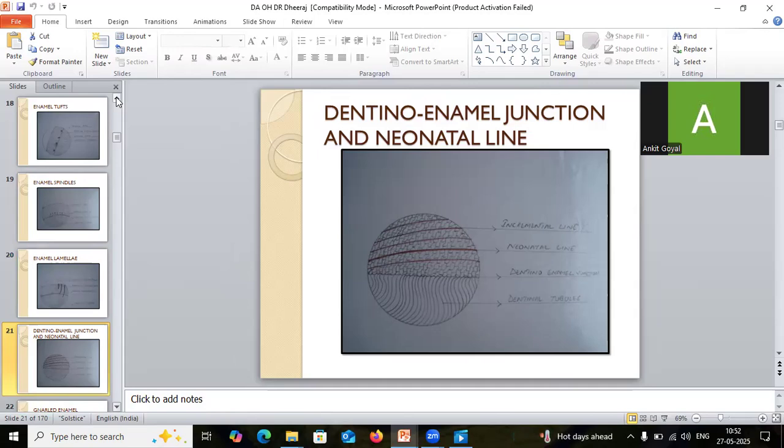The incremental line separating the enamel deposited before birth from the enamel deposited after birth becomes accentuated because of the disturbance in the formation that occurred at the time of birth, and is called the neonatal line. The prenatal enamel is more homogeneous than the postnatal enamel, probably due to the more constant surroundings and good nutritional supply.